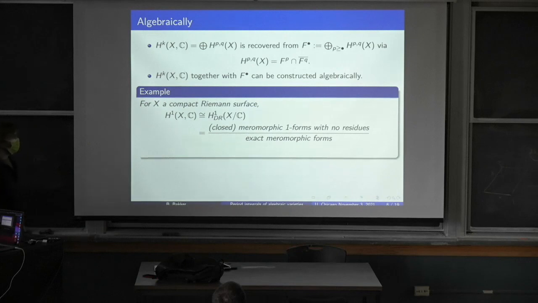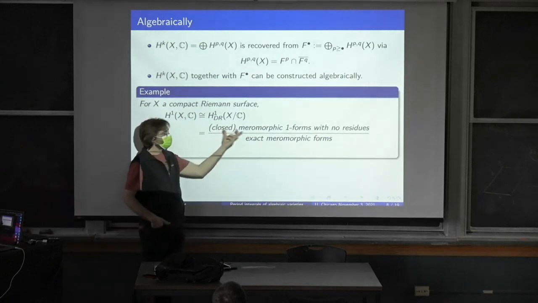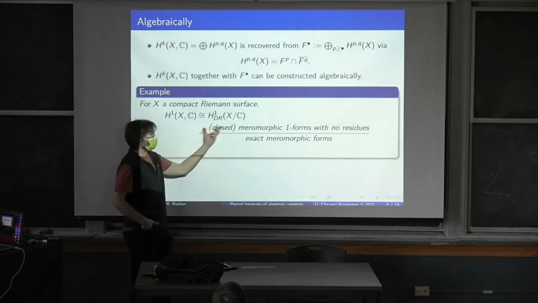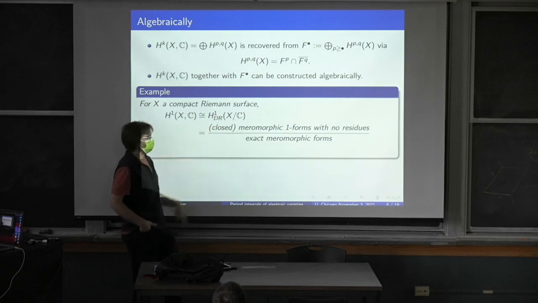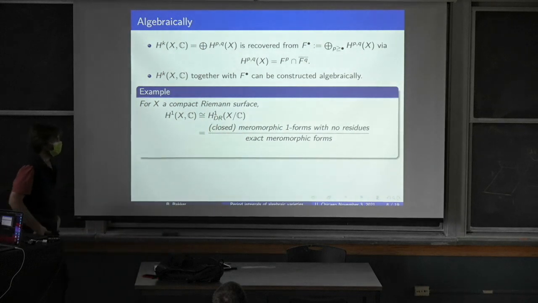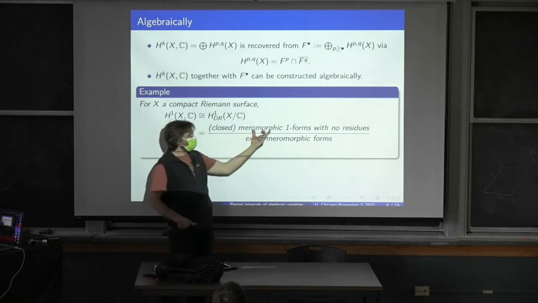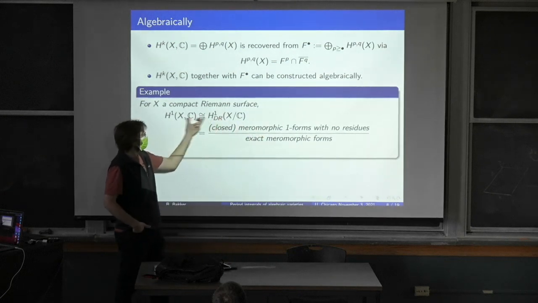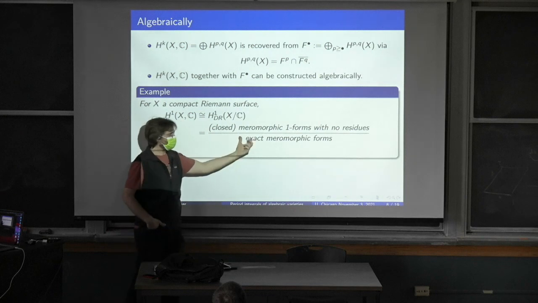The way we algebraically understand de Rham cohomology is in terms of closed meromorphic one forms with no residues. So if we naively look at a curve, every one form is closed. That's why it's in parentheses. But meromorphic one forms with no residues can still be integrated, and so they get well-defined cohomology classes here. We mod out by exact forms.